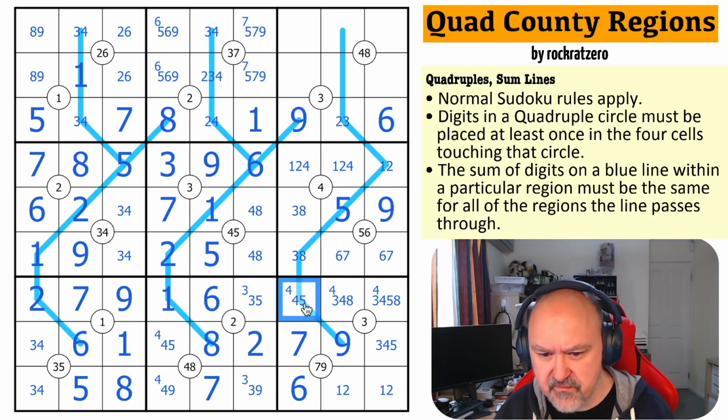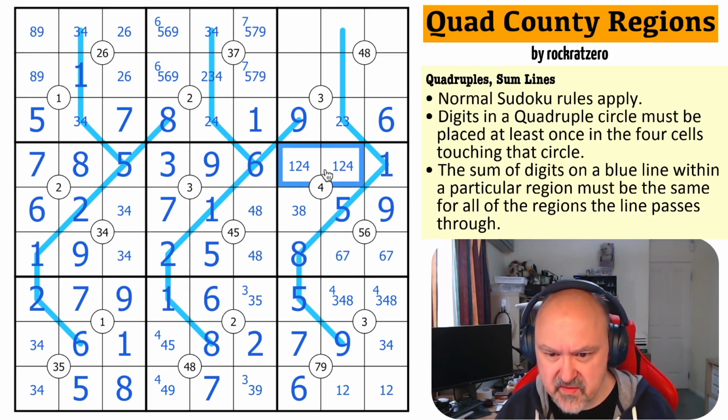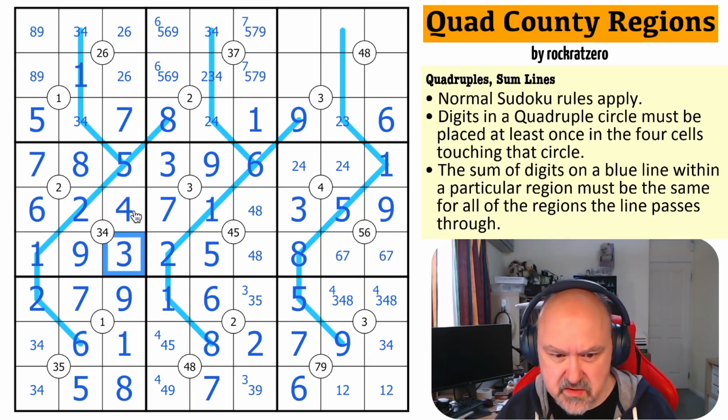Sorry, 9 and 4 would be 13. 13 minus 5 is 8. And I couldn't do it. So this has to be a 5, which means those are not 5. These sum to 14. So these have to sum to 9, and the only way to do that is 8 and 1. So there's no 1 there. This is the 3, which makes this the 4 and this the 3, which makes this the 8 and this the 4.